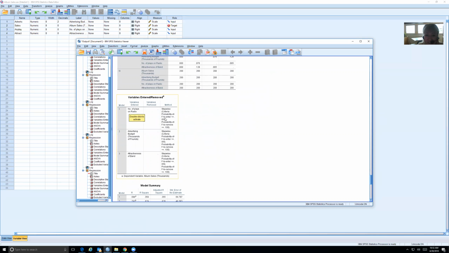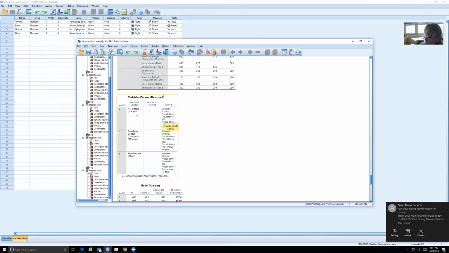And it looks to see, with number of plays on the radio, is there a significant ability to predict album sales? Well, yes, there is. The probability to enter is 0.05, and F is less than 0.05, so we can say yes, there's a significant influence of number of plays on the radio. We don't need to remove anything yet.